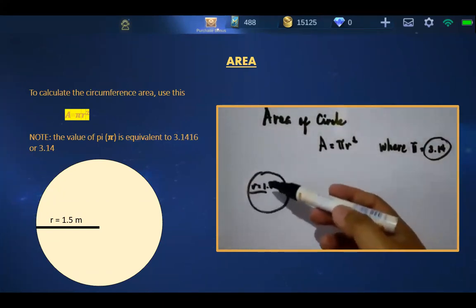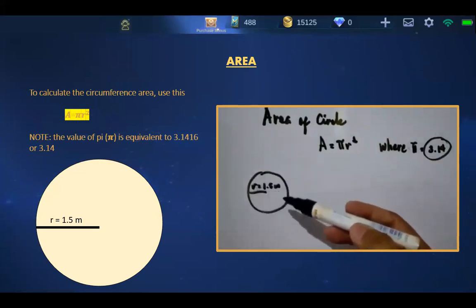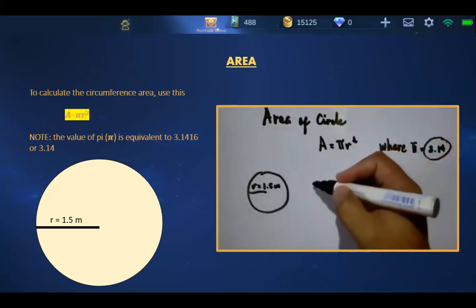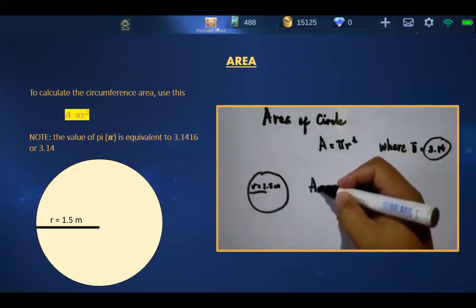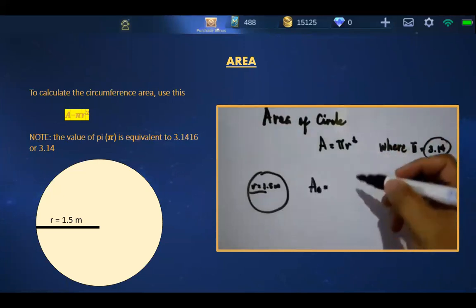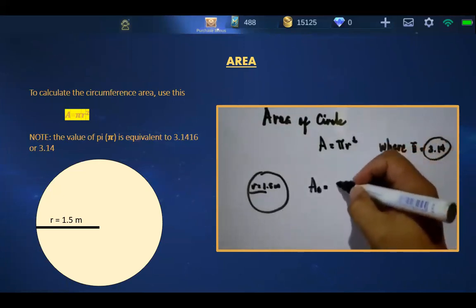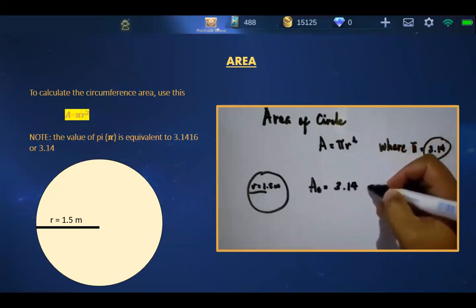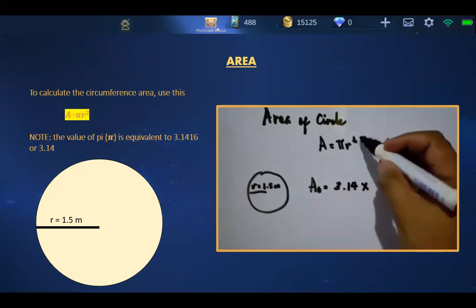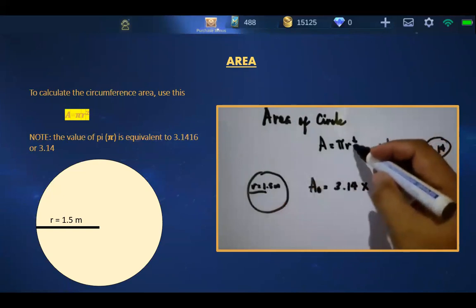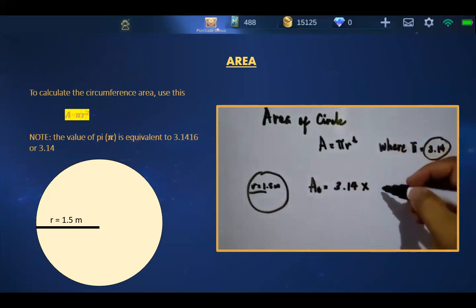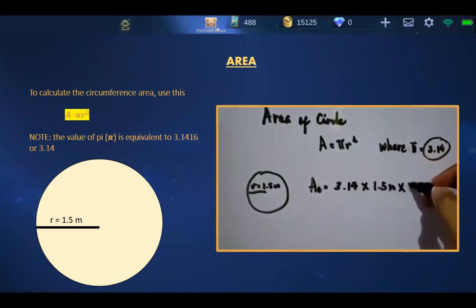So this is our problem. We have a circle and the radius of the circle is 1.5 meters. So you just follow the formula. Area of circle is equivalent to our pi, which is 3.14, times radius, 1.5. The radius is squared, so we need to write the radius twice: 1.5 meters times 1.5 meters.